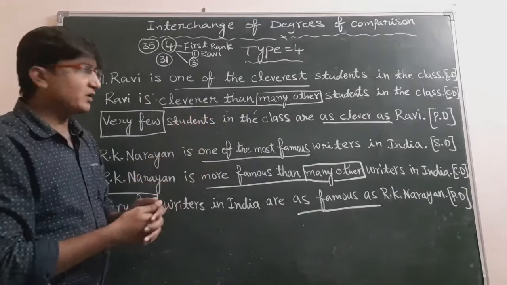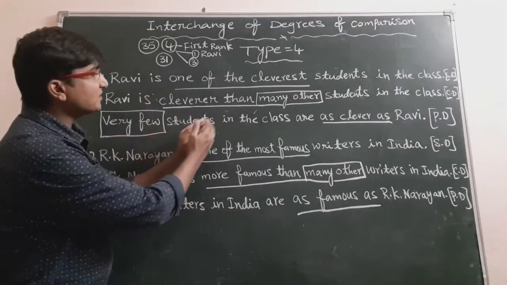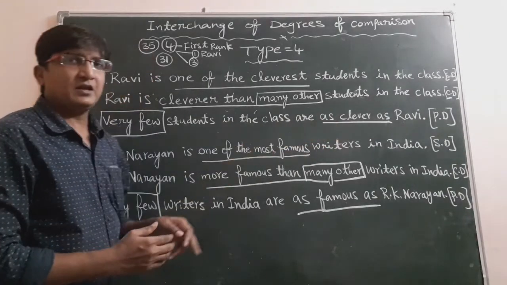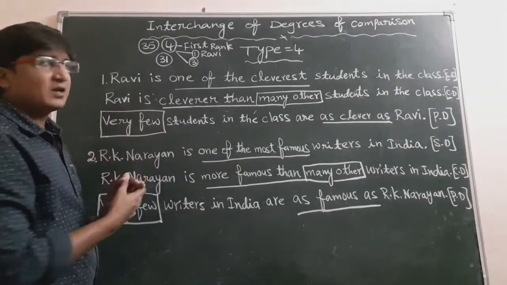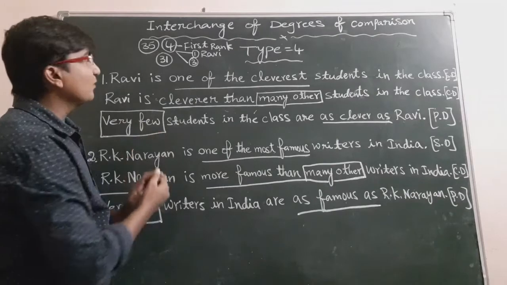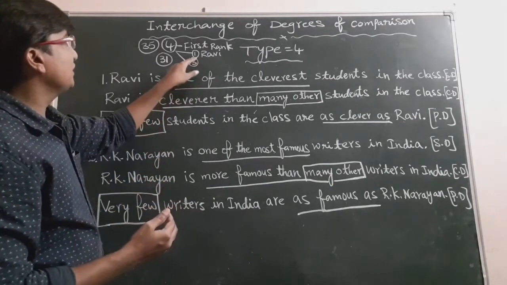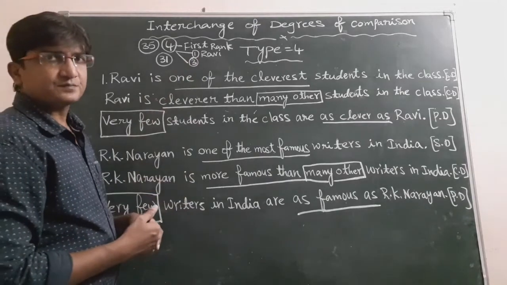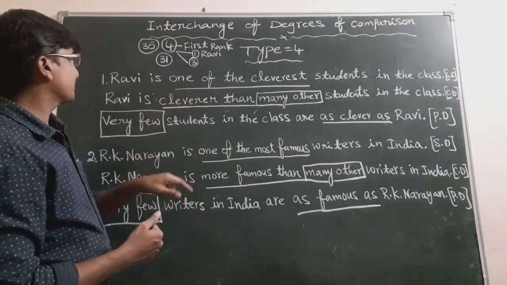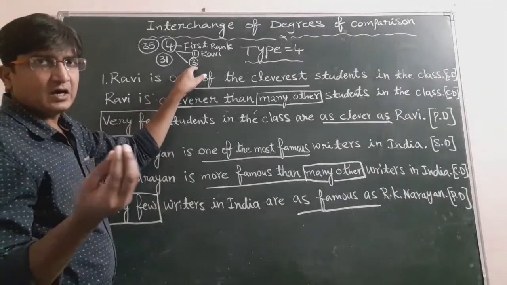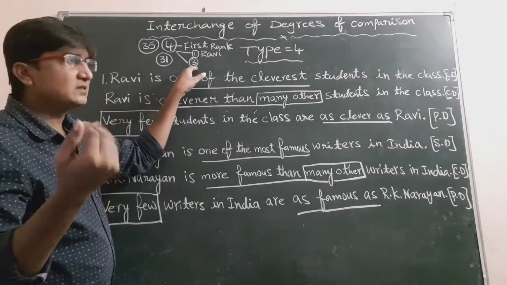Now come to positive degree. Very few students in the class are as clever as Ravi. Here, what about this very few? This very few is, okay, these three students. Okay, and this three, the number 3 is very few and it's a very less number.